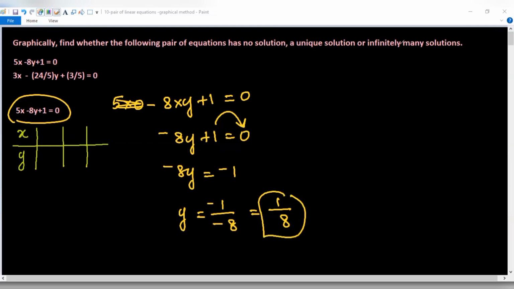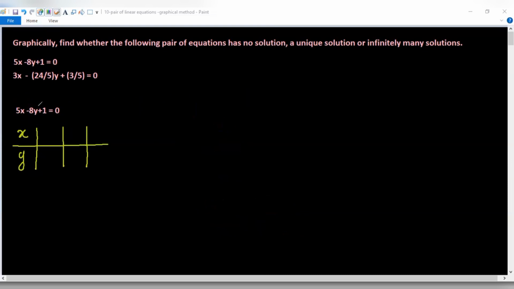We need integers, so positive or negative, but integers. That will be easy to plot on graph paper. So this is not a good idea. If we give y equal to 0, then this term will vanish, right?